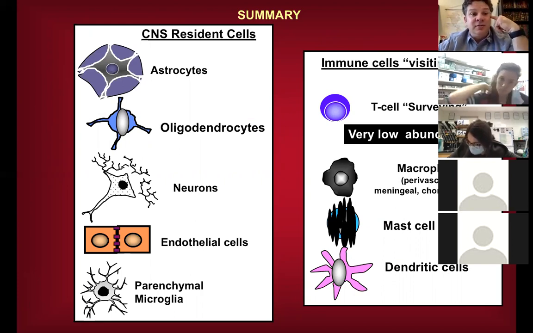So they're involved in immune surveillance. And we see mast cells, dendritic cells, macrophages. You're going to see the macrophages in the perivascular space, the meninges, and the choroid plexus. If those things don't make any sense to you, don't worry. We'll talk about where those places are. And you also see that there's a very important connection with surveying by T cells.